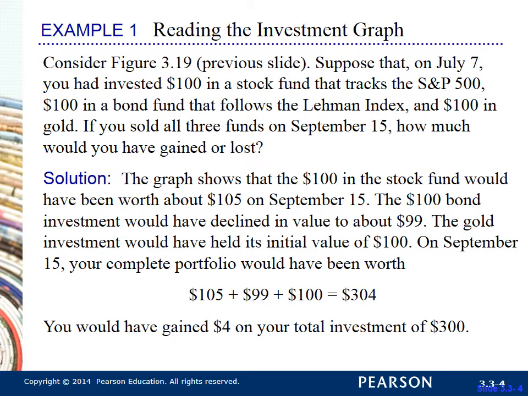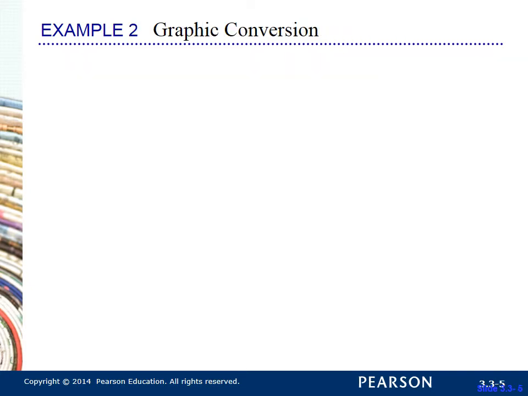The $100 bond would have declined in value to about 99 because they were pretty even, and the gold investment held its initial value of 100. So on September 15th, your complete portfolio now would be worth the sum of those threes of 304. But remember, we only put in 100 each, so you put in 300. So really, you've gained $4 for investment.